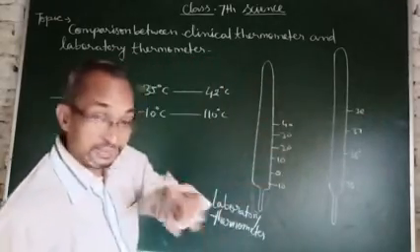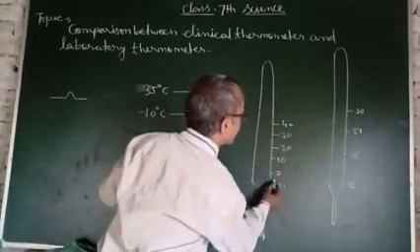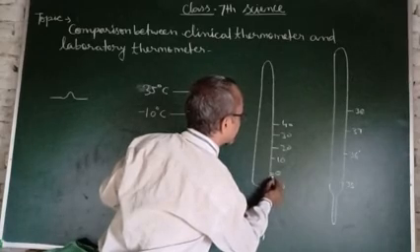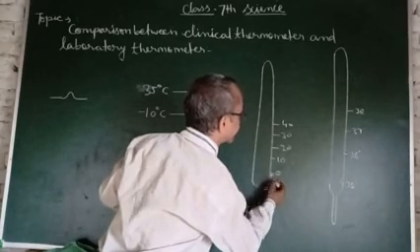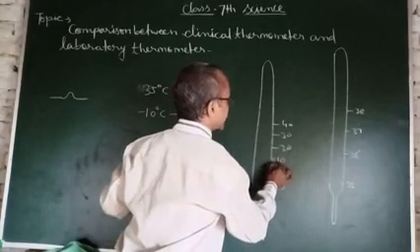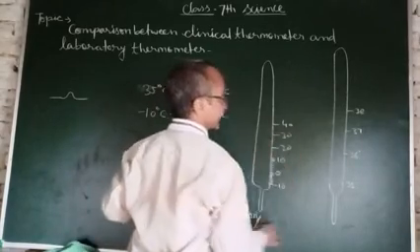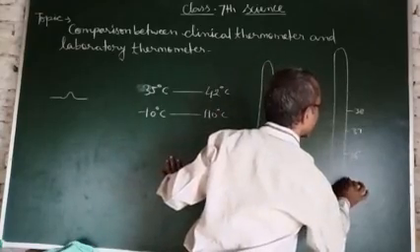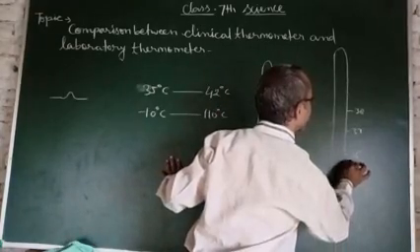You will see here between 0 and 10 it is divided into 1, 2, 3, 4, 5, 6, 7, 8, 9, 10. And here, between the clinical marks, 1, 2, 3, 4, 5, 6, 7, 8, 9, 10.